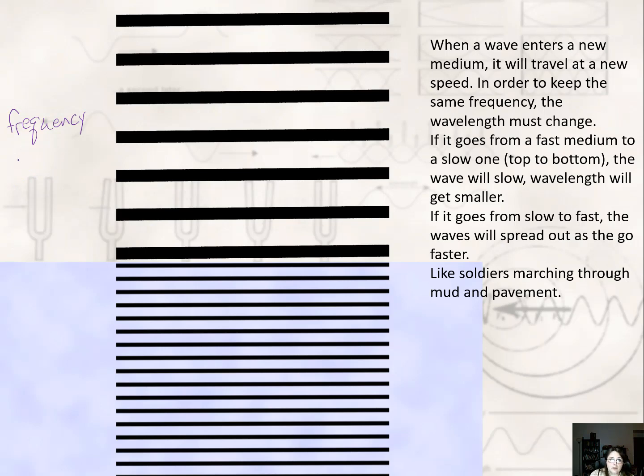So it means that if it's going to go from a fast medium to a slow one, say you're walking in air and then you hit mud and mud slows you down, then the waves get closer together. If it goes from slow to fast, the waves spread out as they get faster.